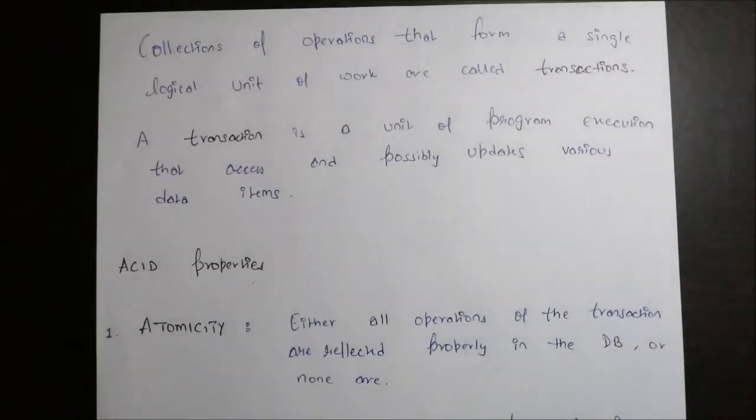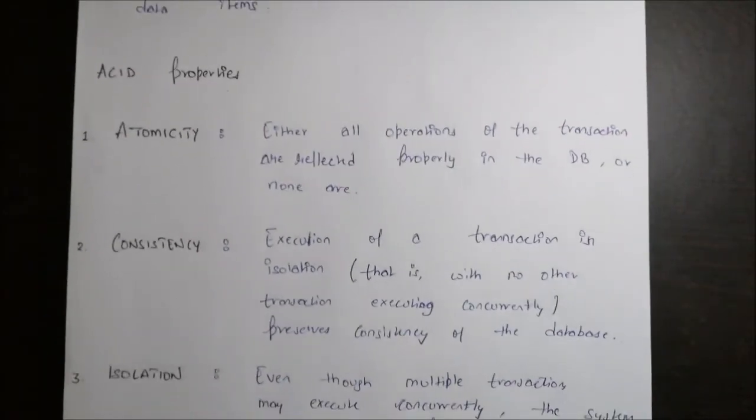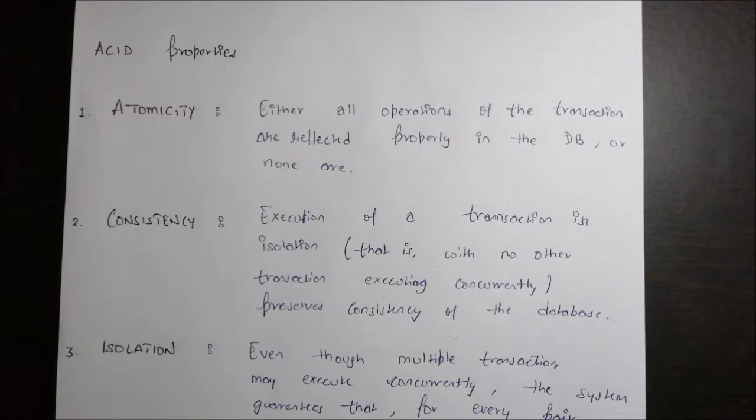So these transactions have ACID properties. From ACID, A stands for atomicity. Either all operations of the transaction are reflected properly in the database or none are. This means that all operations in the transaction are performed or none are performed.